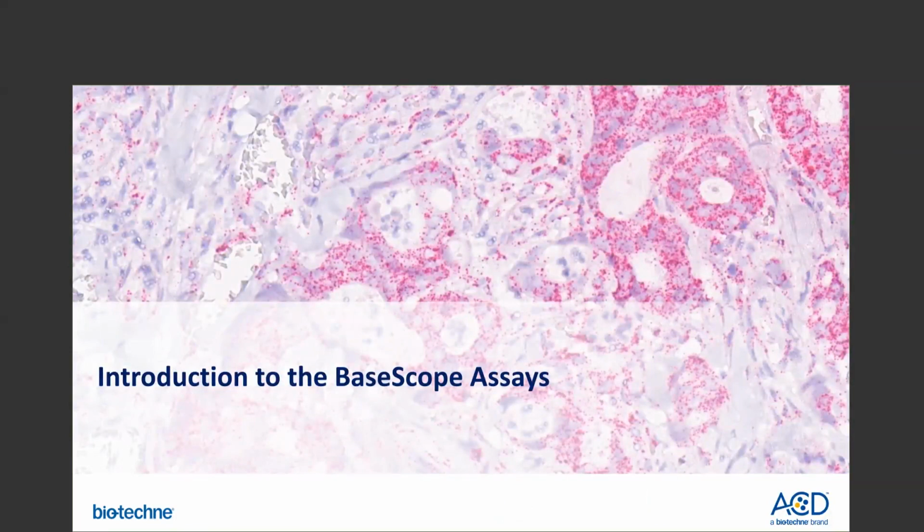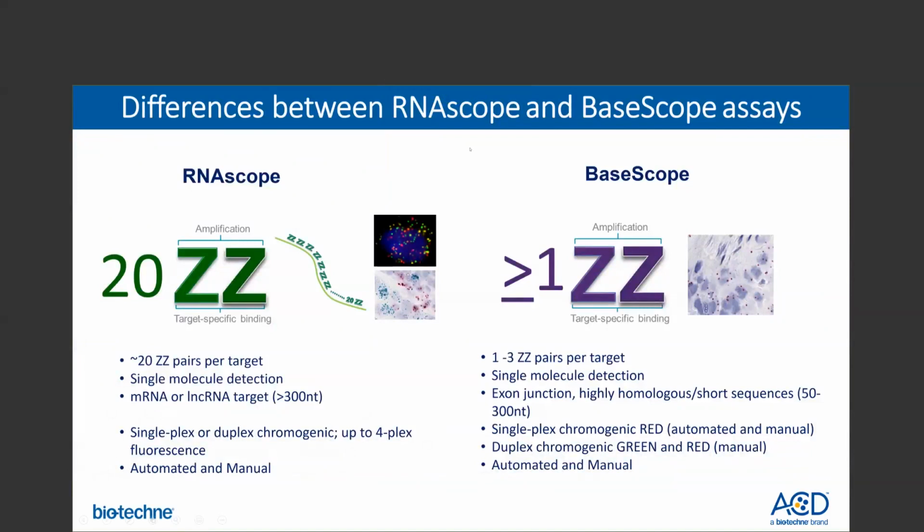Before we begin, let's look at some of the differences between the RNAscope and the BaseScope assays. As I discussed, in the RNAscope assay the probes are about 20 ZZ pairs in length, but the BaseScope assay is designed to detect shorter RNA targets, and therefore the probes are about 1 to 3 double Z pairs per target. Both of these technologies allow single molecule detection.